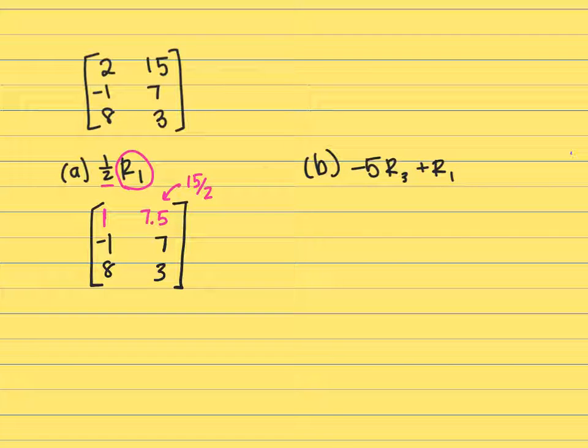This second one is the piece that can get a little more confusing, but it will be imperative that we know how to use it. So this is where it says we're going to multiply row 3 by -5, and then we're going to add it to row 1. Whatever our second row here is, that's the row we're replacing. So we aren't actually going to replace row 3 here.